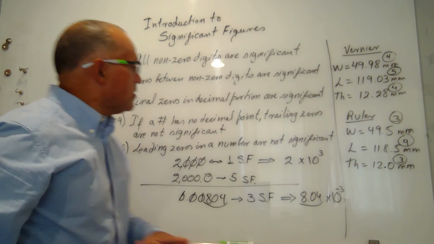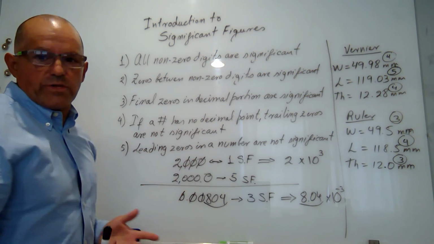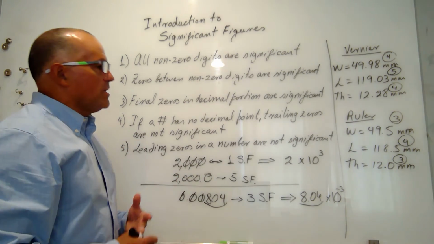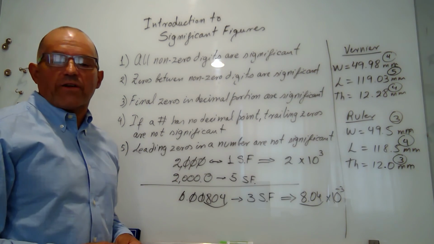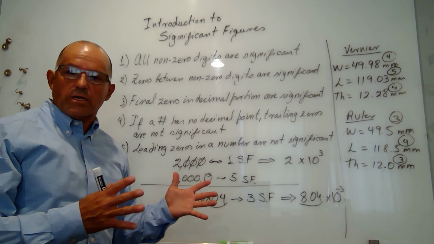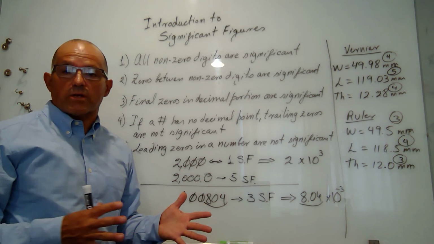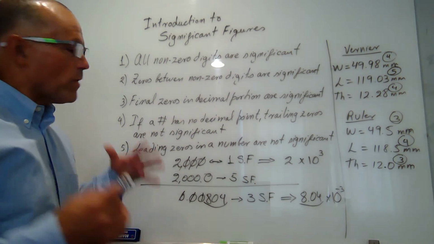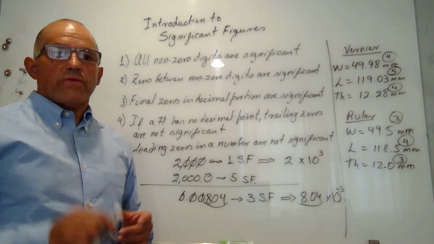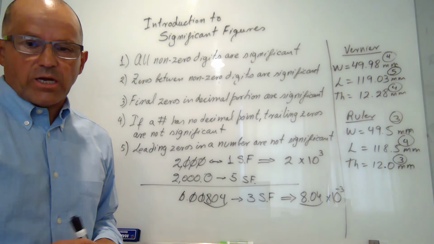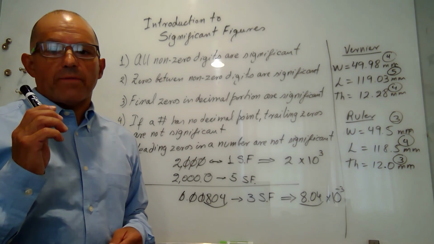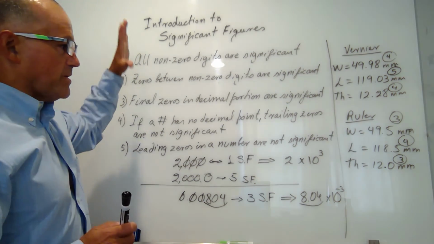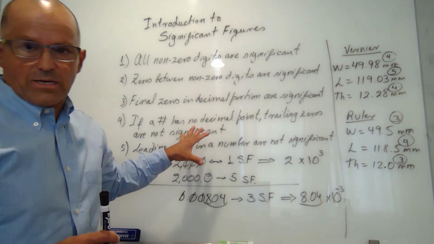So this is just an introduction to significant figures. Of course, it takes practice to identify what are the significant figures in every piece of the data that we are being provided to do the calculations. And when we do calculations, the final result is always going to be with the least number of significant figures that are provided in the data.